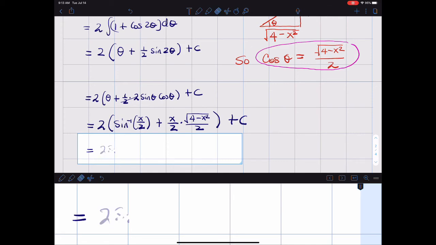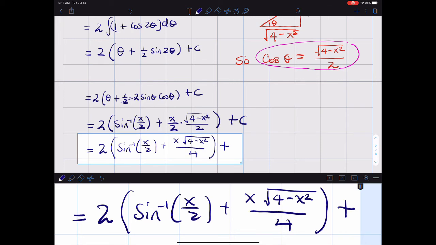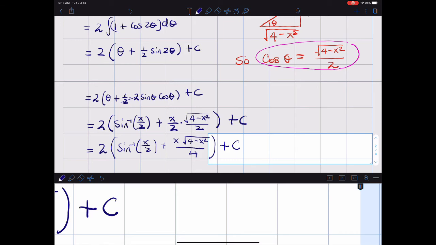No need to multiply through, just put the 2 outside here. Plus x square root of 4 minus x squared over 4 plus c. So that's our final answer.